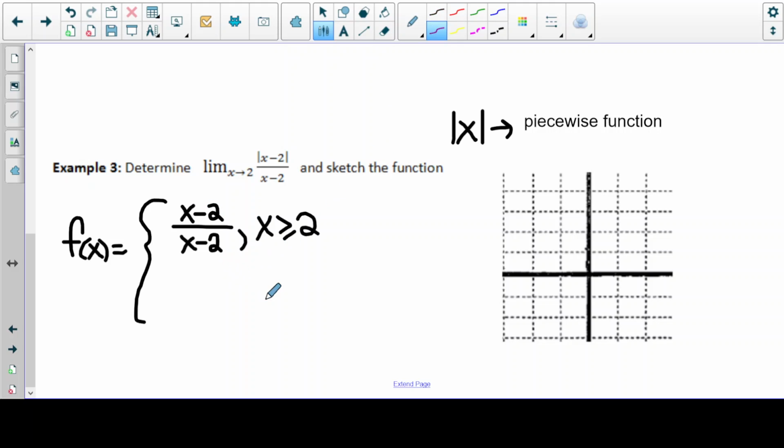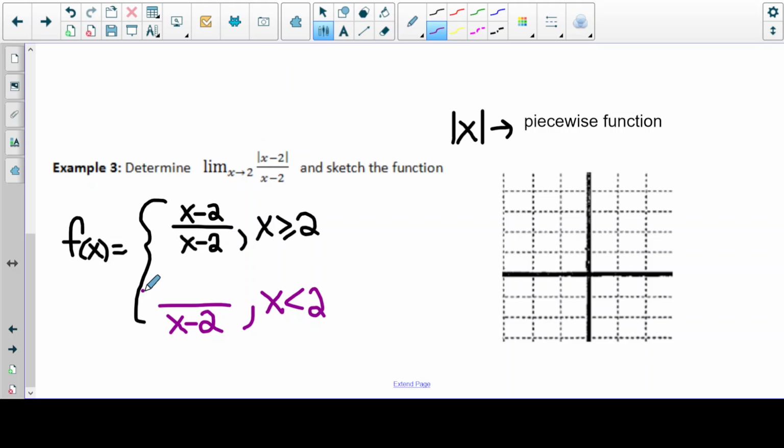But when we have x less than 2, we have a different situation. Now, again, the denominator is not going to change. It's going to be x minus 2. But in the numerator, if we had an x value that was less than 2, say a 1, well, inside the absolute value would be negative, and we need to turn it to a positive.